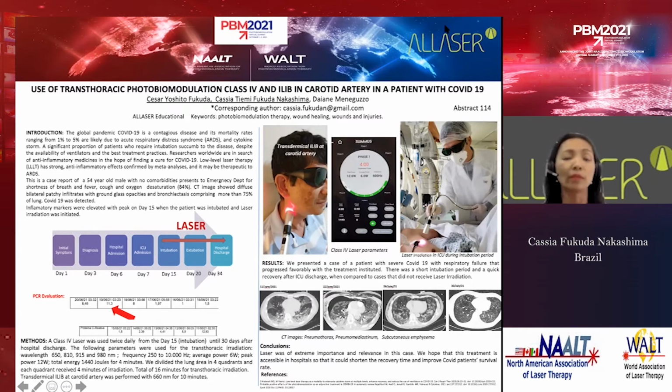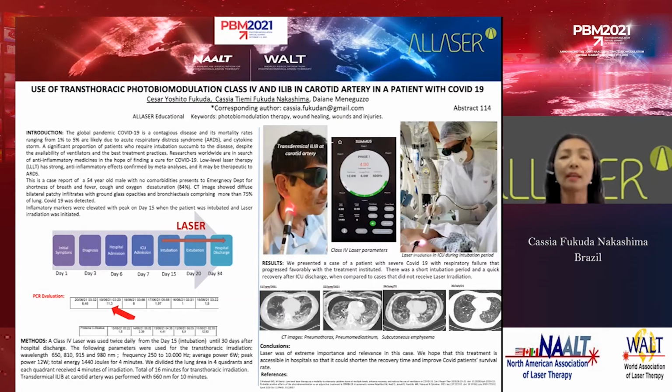Inflammatory markers were elevated, and there was a peak of these markers on day 15 when the patient was intubated, and then laser irradiation was initiated. As you can see in this image, you have the initial symptoms on day 1, and then we had a hospital admission on day 6, the ICU admission on day 7, and intubation on day 15.